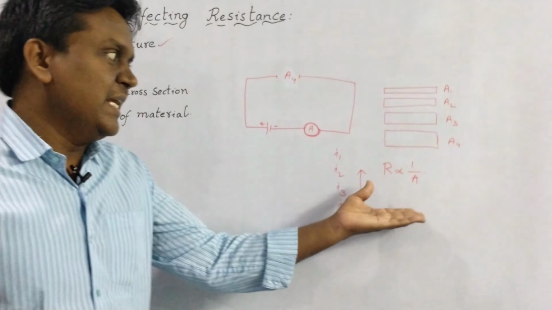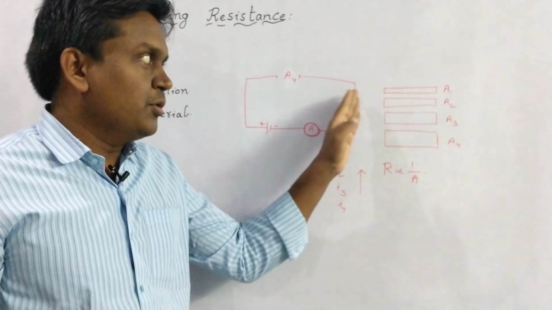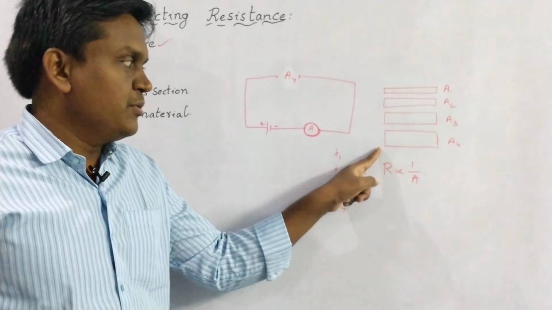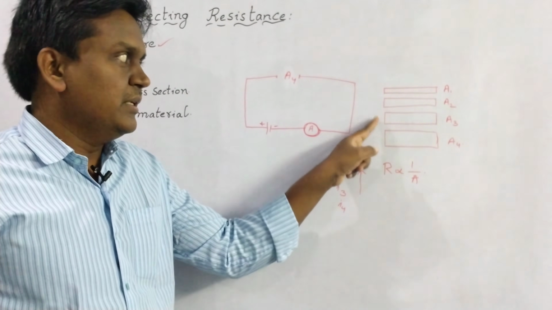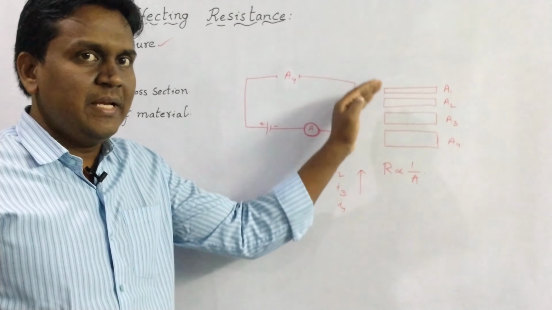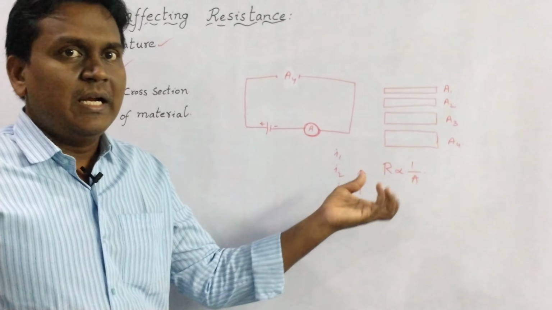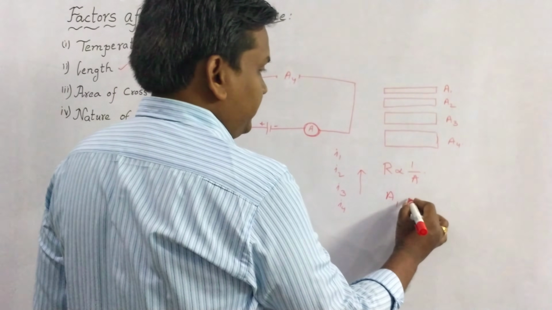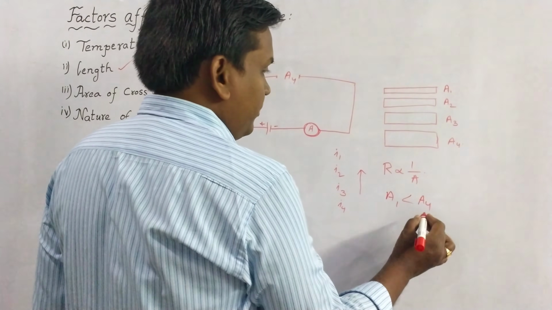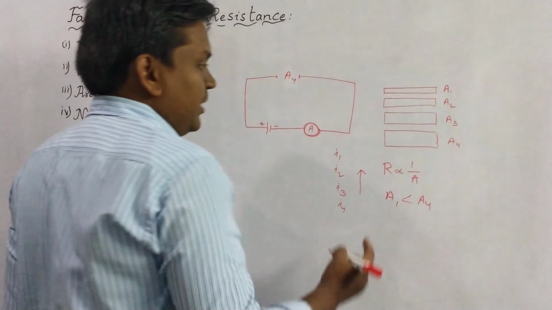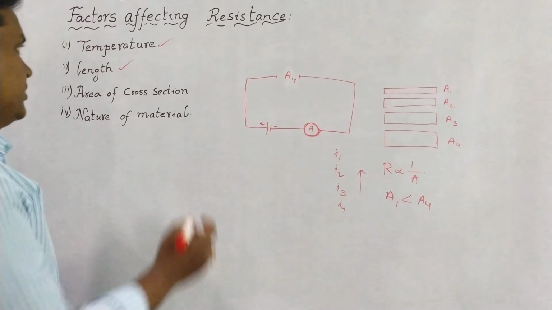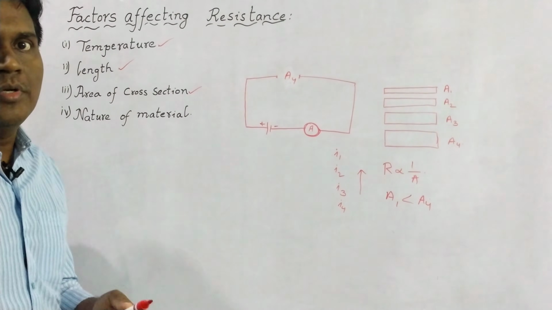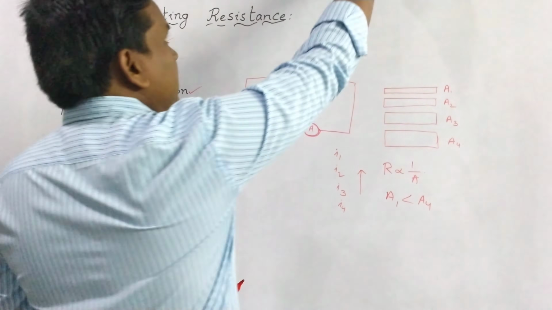That means if the area increases, the resistance goes on decreasing, which means current increases. As the area increases, resistance decreases and current will increase. So if you compare A1 and A4, for A4 the current will be more compared to A1. So like this we can find out the area of cross section is inversely proportional to resistance of the material.